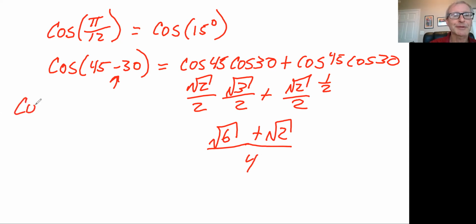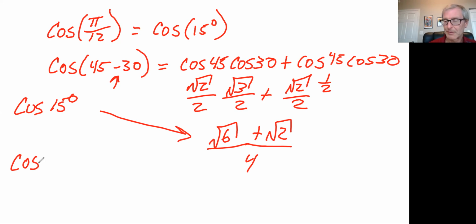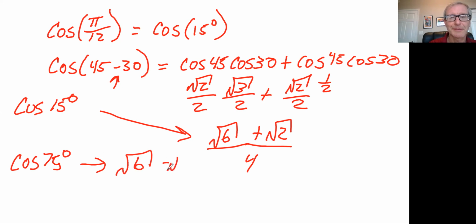So remember we had cosine of 15 degrees equals, and then if we had cosine of 75 degrees, it equaled almost the same thing, except we had a negative, right?